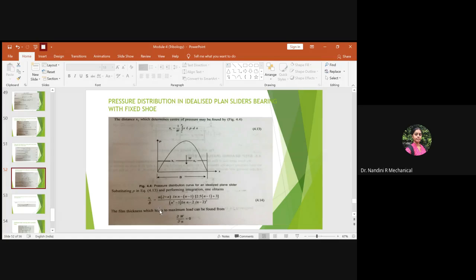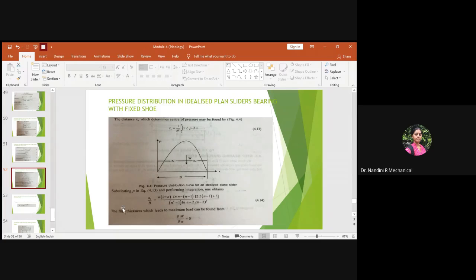Now, after that, the last component left is to know the maximum load value which the ideal plane slider bearing can bear. For that, you should have a condition like dou W by dou N is equal to 0, wherein this condition will try to identify the maximum load.